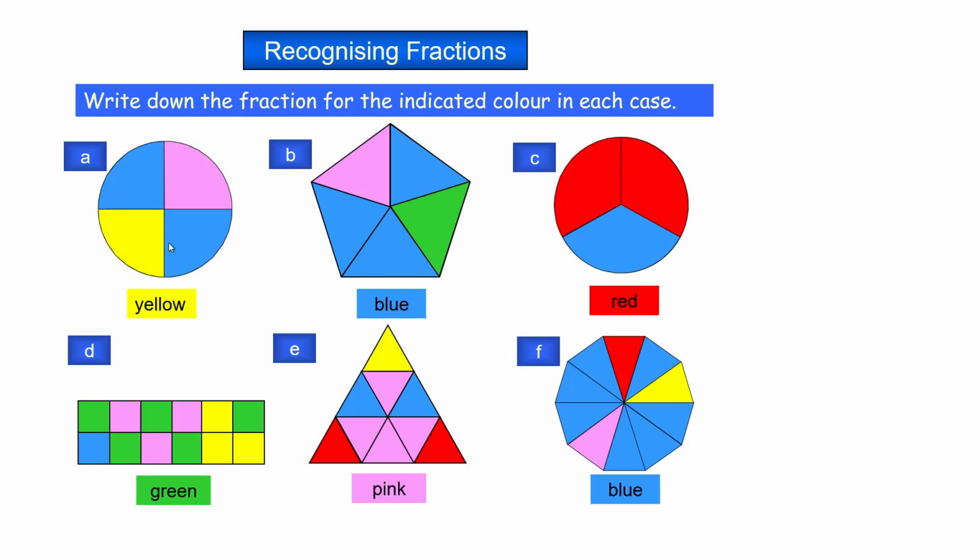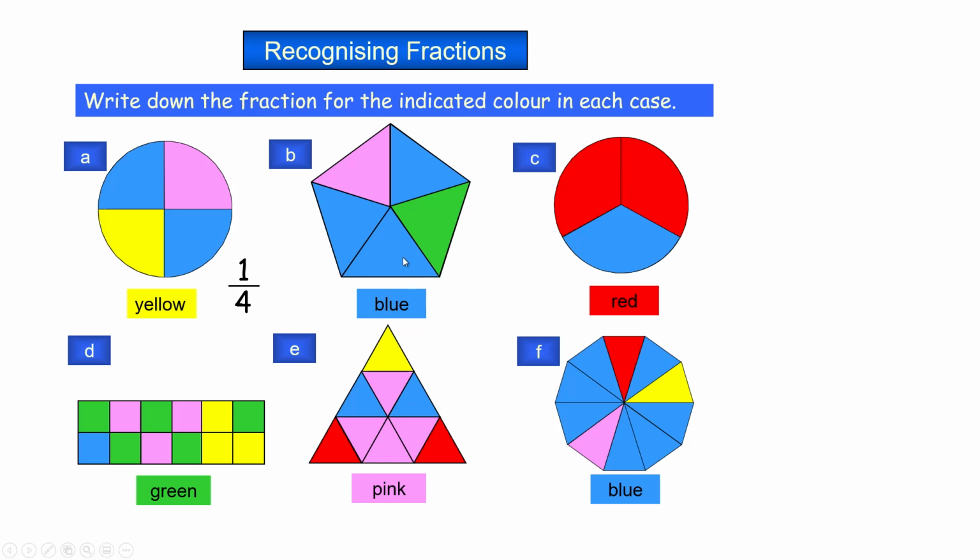So on the first shape here, our circle is divided into 1, 2, 3, 4 parts. 1 part is shaded yellow, so 1 out of 4 is our fraction that's shaded yellow. Part 2 is the 1, 2, 3, 4, 5 equal parts, which makes this shape pentagon.